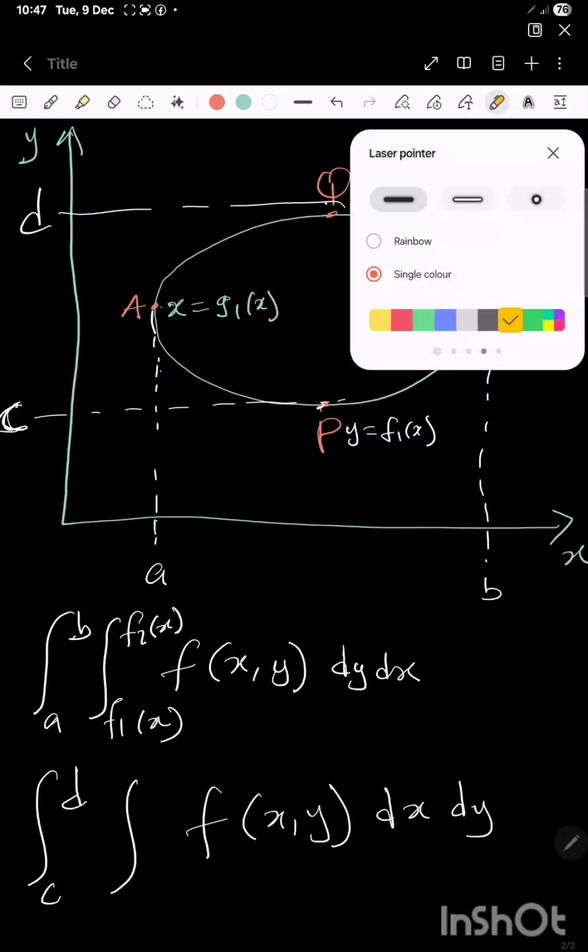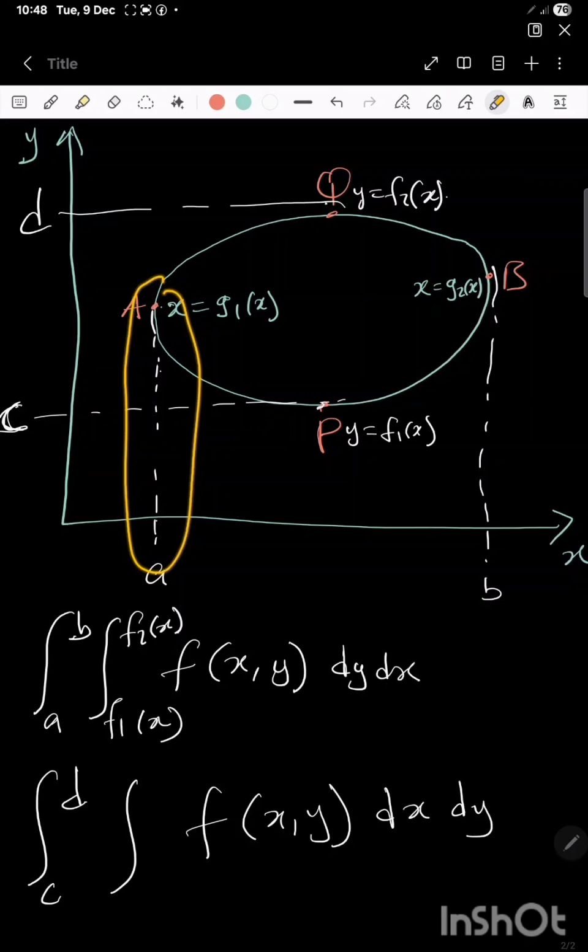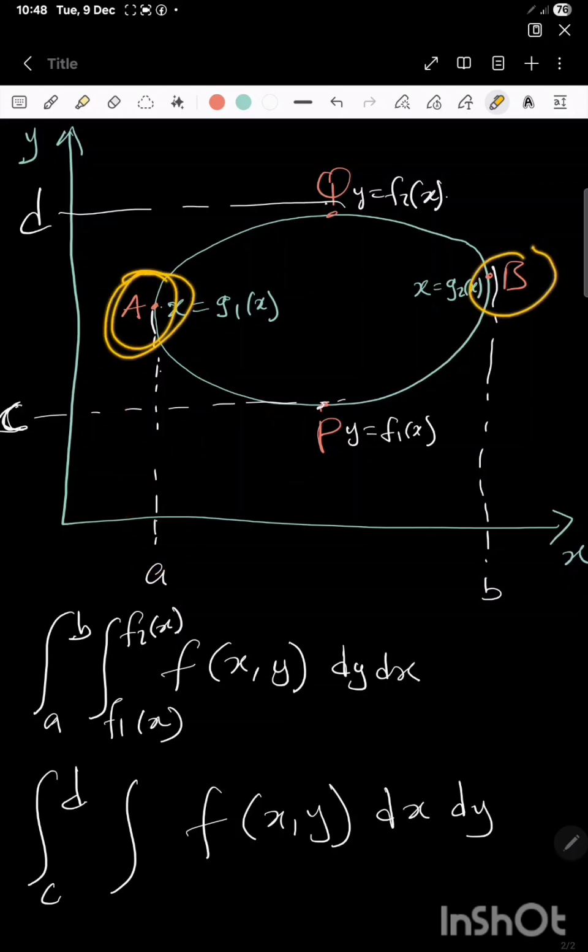Now we need to get also the limits of x which are here. To get the limits of x, you need to move from A to B, because A and B are the only variables that are on the x-axis. So we are moving from this point to that point. So at this point, what's the limit of x?